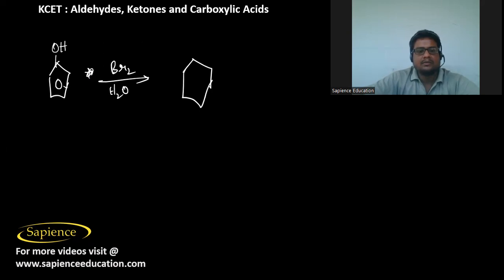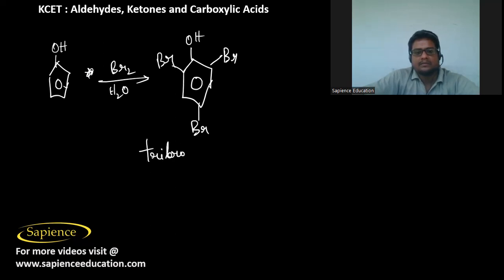a tribromo derivative, which is OH, Br, Br, Br. So which is tribromo, or I can say it is 2,4,6-tribromophenol, which is a white precipitate.